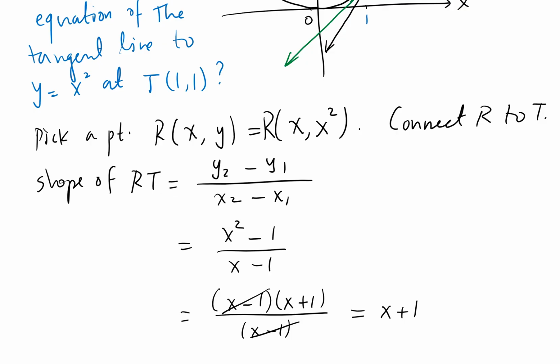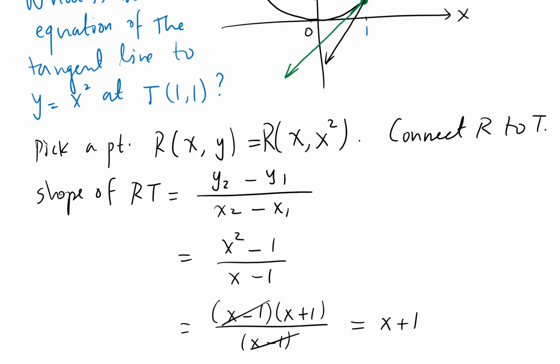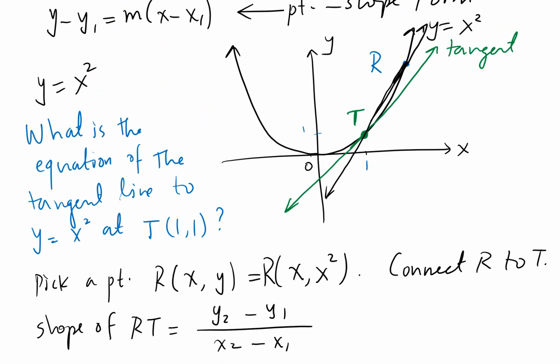That's the slope of the secant line, but if you notice, it's in terms of x. It's not a number. We would like to know the slope of the tangent line because I have the point. I just need the slope.